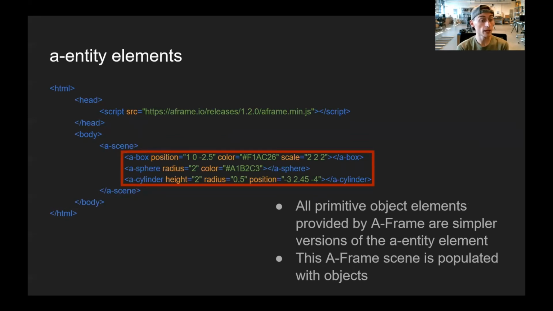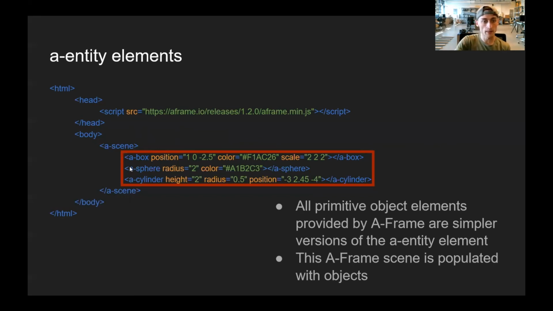If you want to create your own object, you can do an A entity element and define it. That's something we can go over later if you want to. But for right now, we're just going to add simpler versions of A entity elements, the primitive objects of A-frame, which are the box, the sphere, and the cylinder.